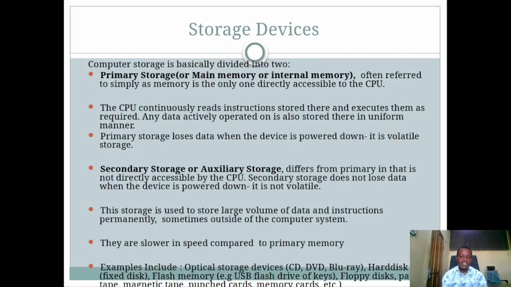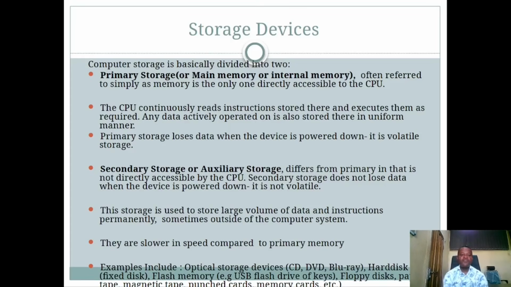And we have hard disk as an example. Hard disk is a fixed disk. It resides inside the computer system. You cannot remove it unless you want to open your computer system and change it, but you can't do it by yourself. You need the services of technical people who will do it for you.